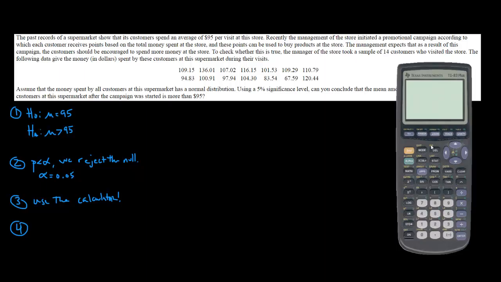We have done this before in previous exercises, entered data into a list, but let's go back and review. We want to go to Stat menu and go to Edit, that first option. We want to enter all of our data into list 1. So we have 109.15.